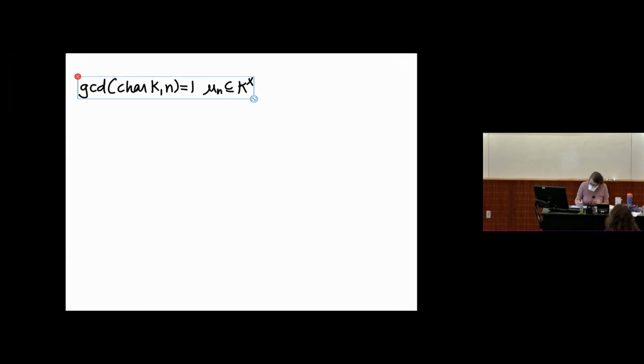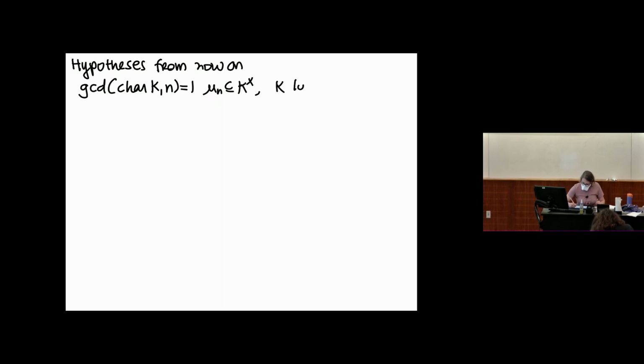So, hypotheses from now on: still the characteristic of K is different than n, mu n is in K, and then we want K to be a local field.